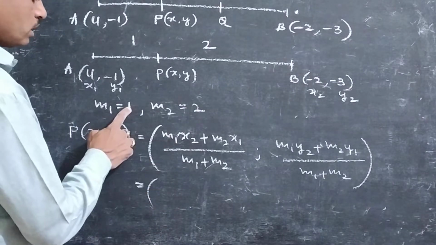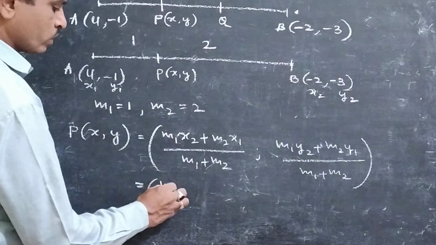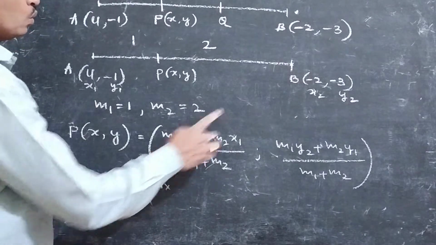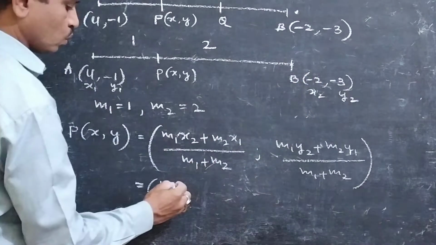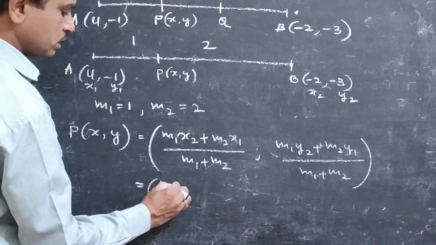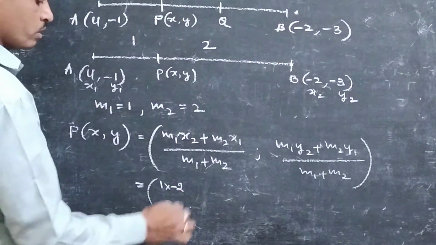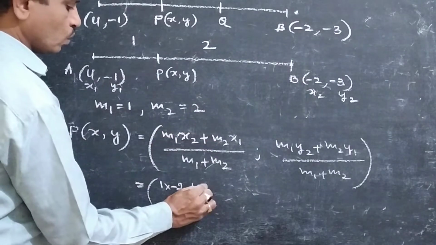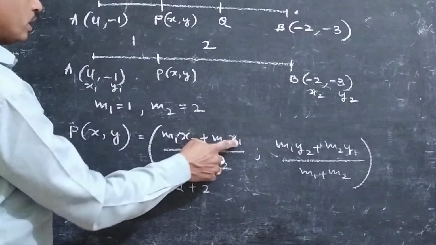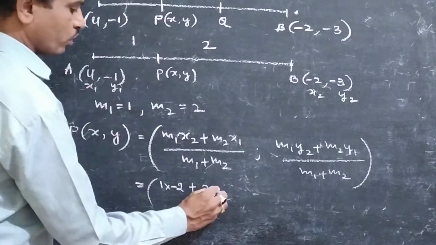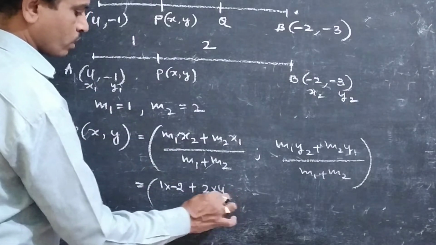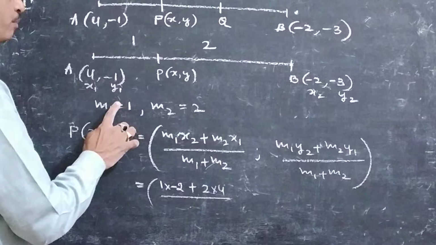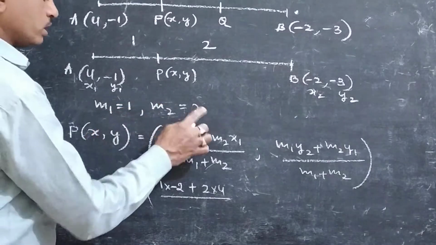m1 is 1, into x2, x2 is -2, plus m2 is 2, into x1, x1 is 4, whole divided by m1 plus m2, 1 plus 2.